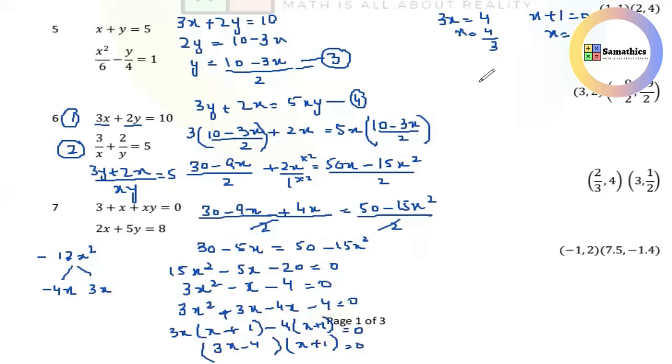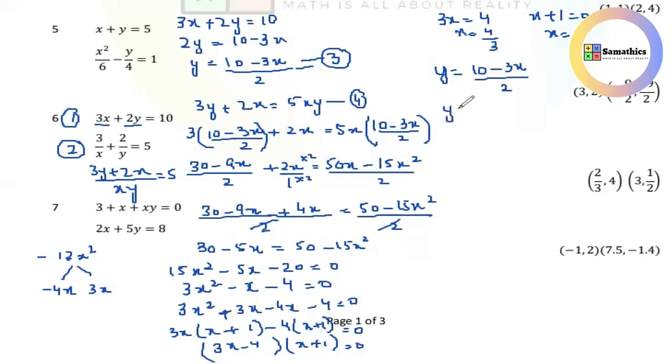And then we will take out the values of y. Y is equal to (10 minus 3x) upon 2.